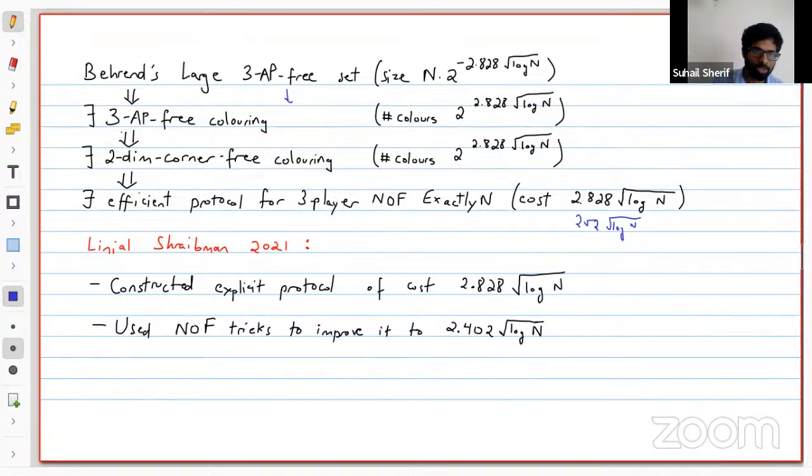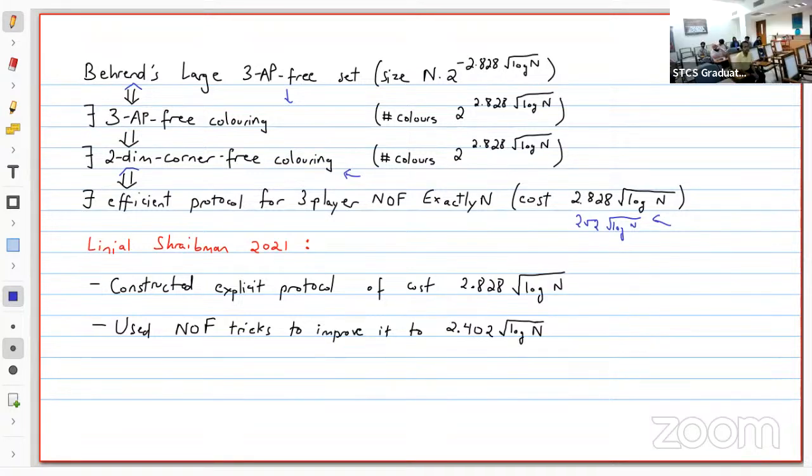These parts are if and only if. So they created a better protocol over here, which means that they created a better corner-free coloring over here. So you have an improvement in the constant in the exponent.